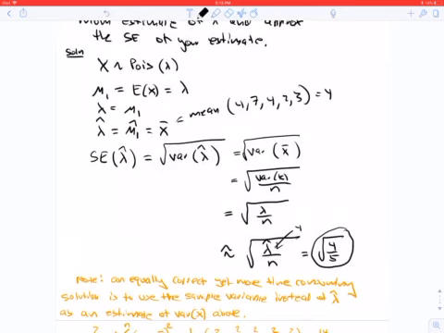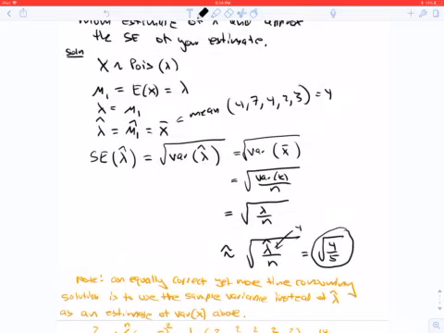So x is Poisson lambda, okay, and you can see that the SE of lambda hat is the square root of the variance of lambda hat. Now lambda hat is x bar, so that's the square root of the variance of x bar, which is the square root of the variance of x over n.